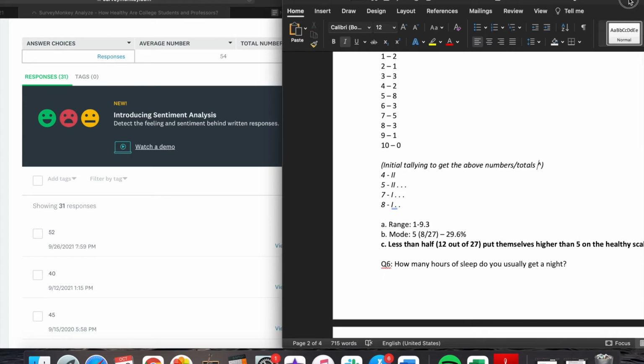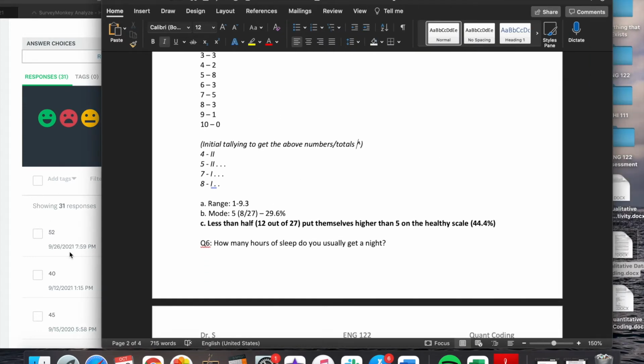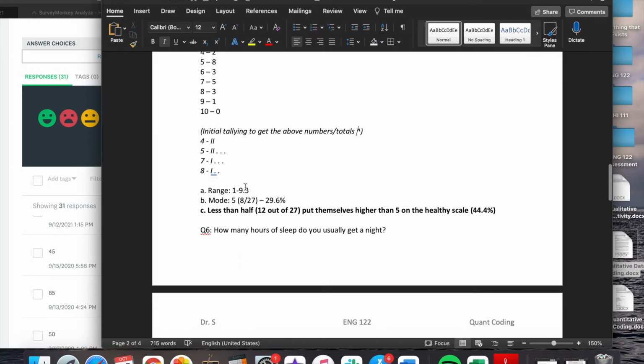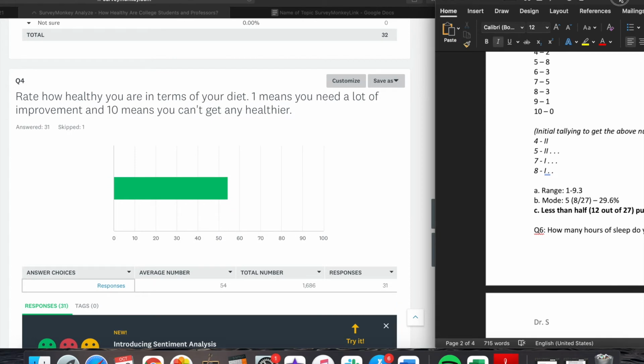So actually, I might not have to show you that. But you could look at your responses for the range. What was the very lowest number? Someone had a 1, actually 2 people put 1. And then the highest, there was no 10s, the highest was 9.3 in this question, how healthy are you?